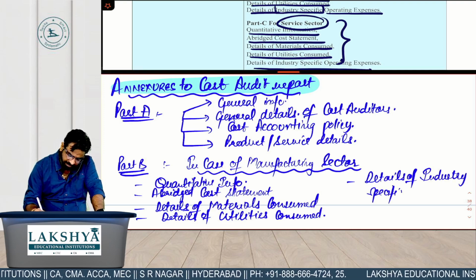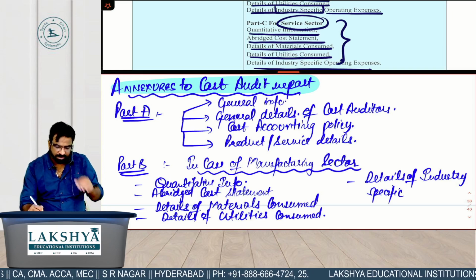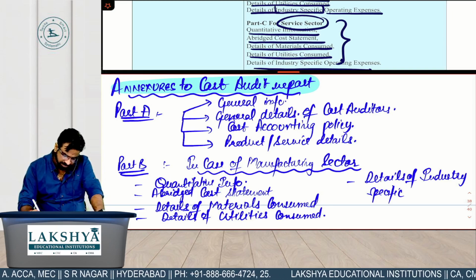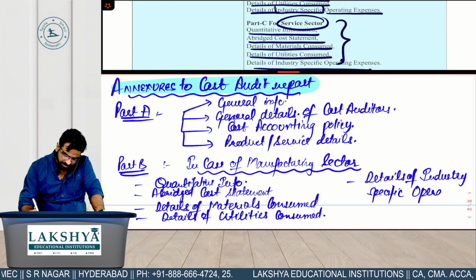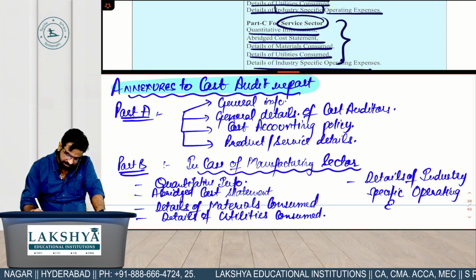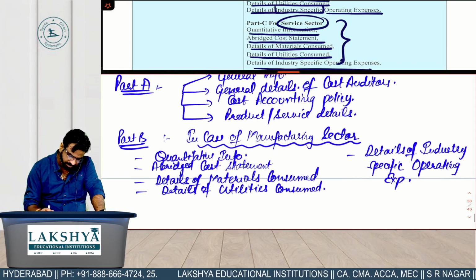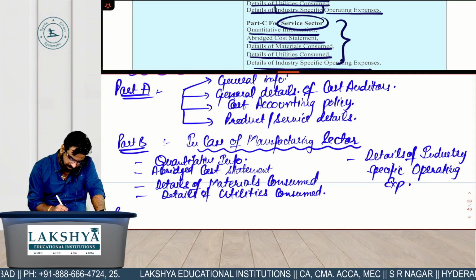And the same five things to be reported if you're a service sector. This is part A, and then part B.